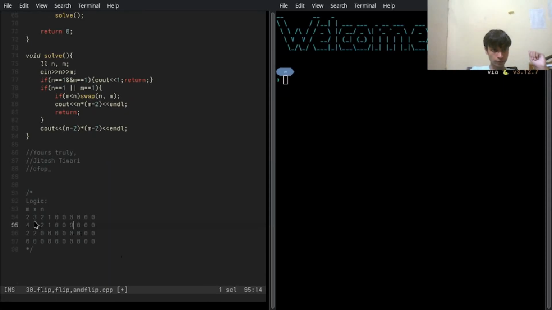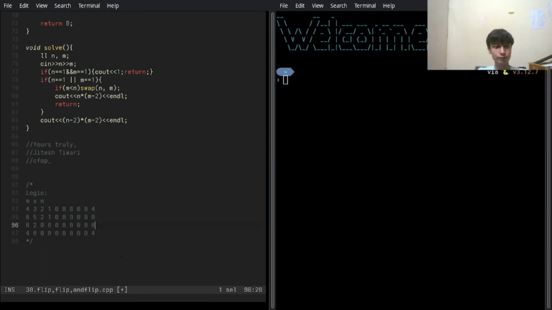And this would be flipped in total four times, and this should be flipped one, two, three, four, five, six times. So this way the corner ones would be flipped 6 times, and the sides would be flipped 4 times. I calculated it wrong and calculated the sides to be 5. That's why I was getting it wrong. And all the middle ones would be flipped 9 times.